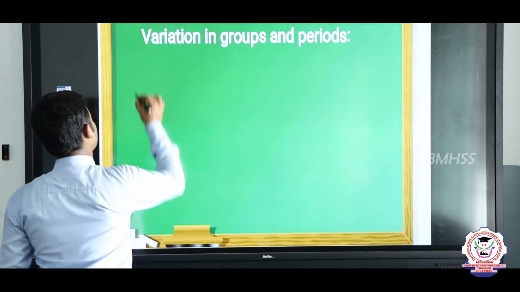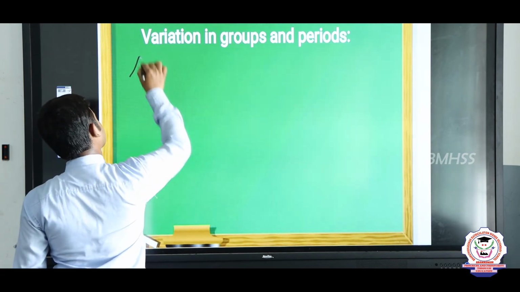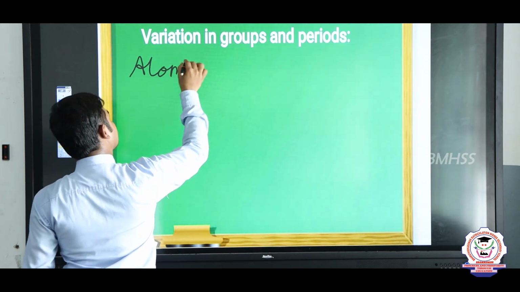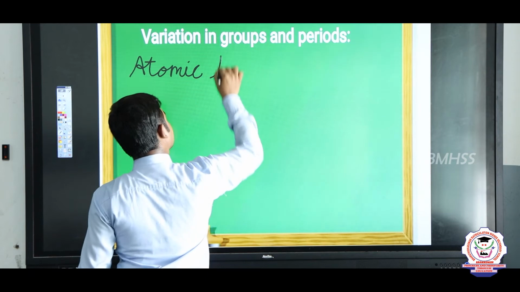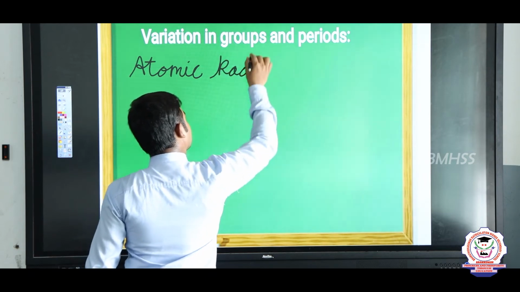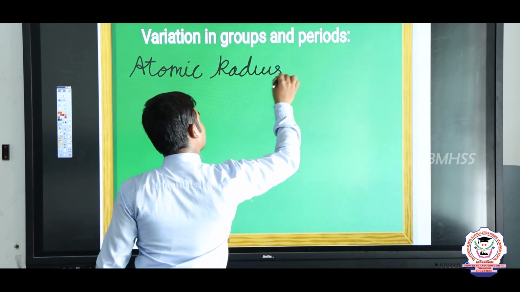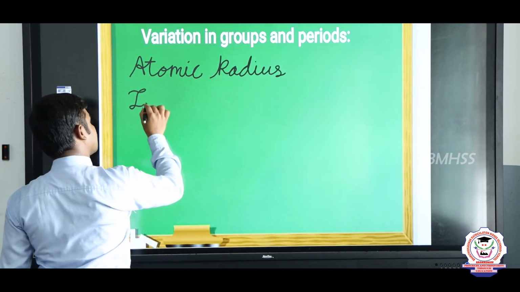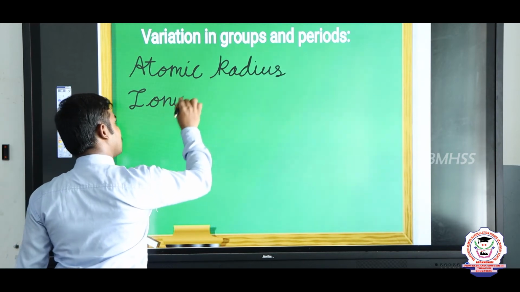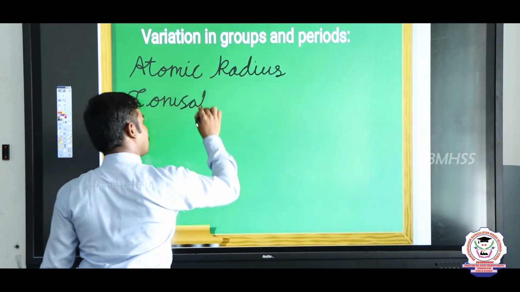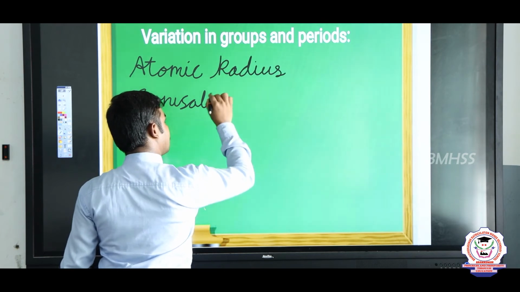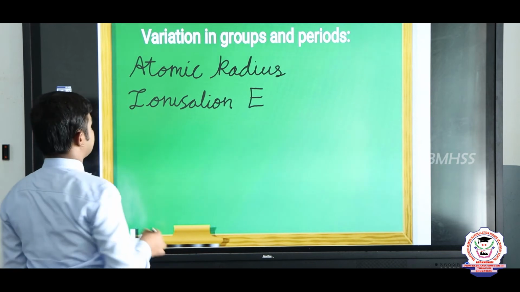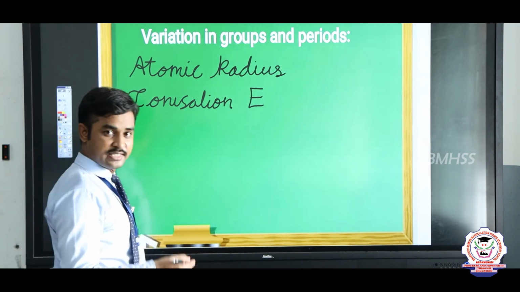One is atomic radius, another one is ionization energy, which is also called ionization enthalpy, both are the same.